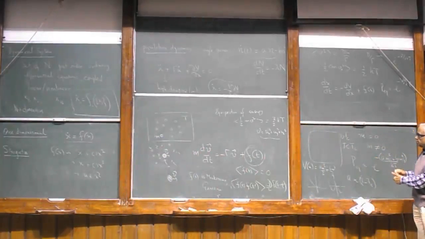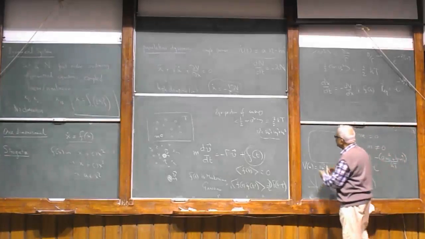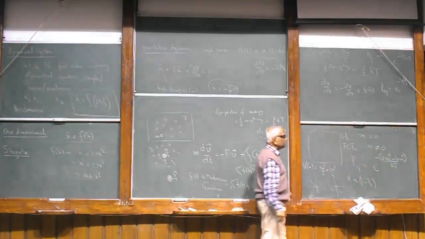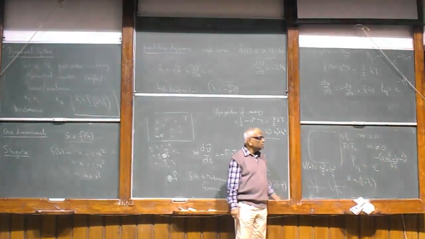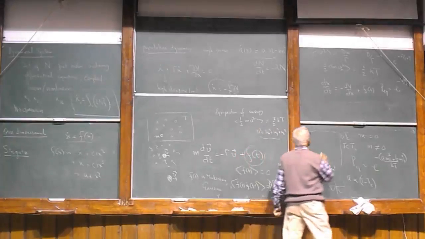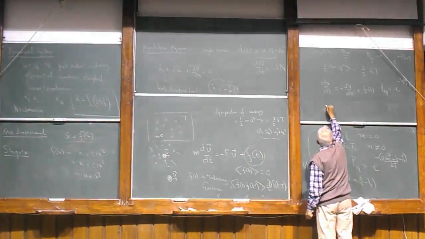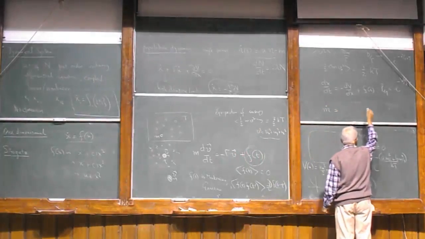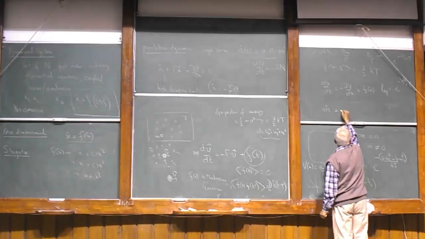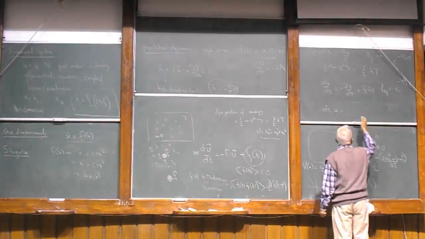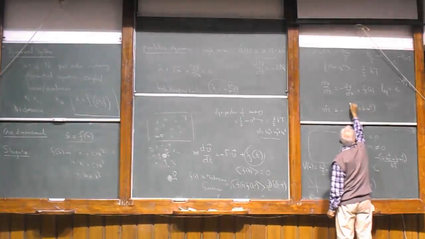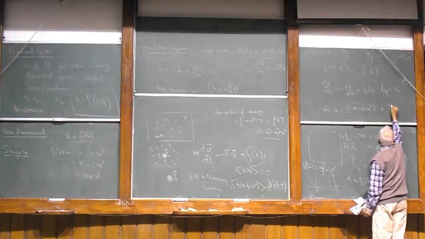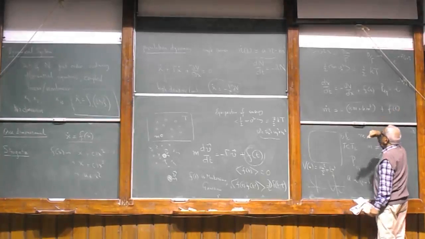Then you ask the question, what was the dynamics of this? If I consider the dynamics of this system, then what kind of dynamics did this magnetization follow? And then you say, aha, I know what it followed. It is m dot equal to minus am plus bm cubed plus some noise over here.